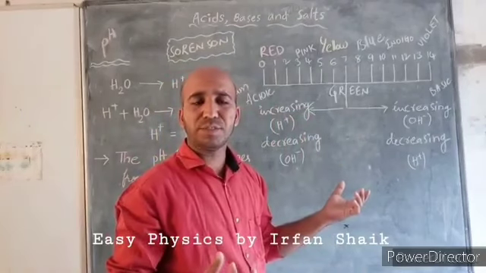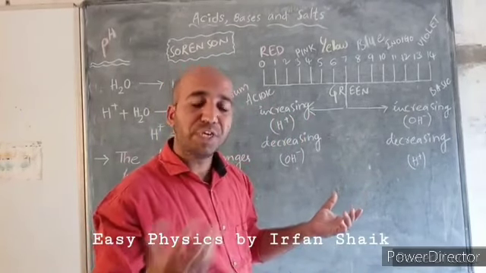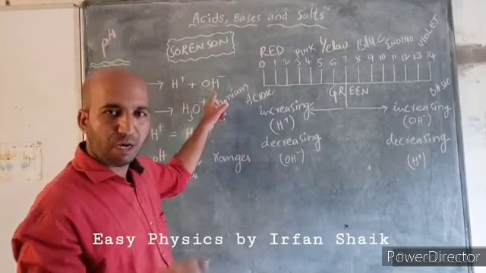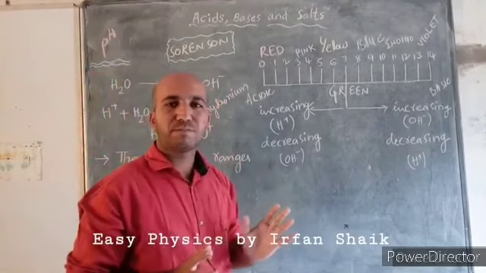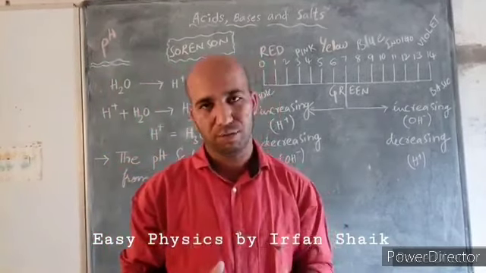Now let us discuss how the strength of an acid or the strength of a base changes. Just before, we discussed that in a solution, H plus ions or OH minus ions are present. That means hydrogen ions or hydronium ions, H3O plus. If the concentration of hydrogen ions is greater in a solution, it must be an acid.